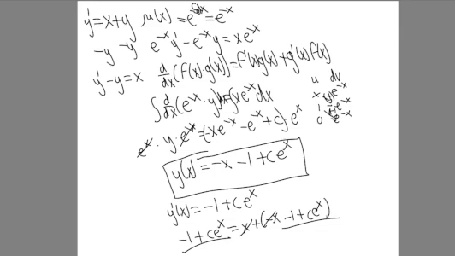For review, basically, to solve a first order differential equation using integrating factor, you put the independent variables and the dependent variables separate, and then you multiply both sides by e to the power of the integral of the coefficient in front of your y.